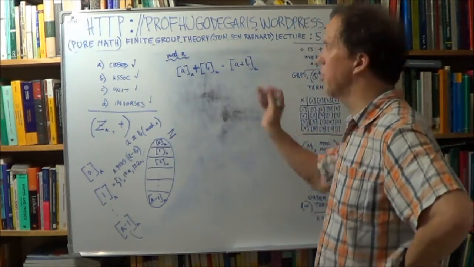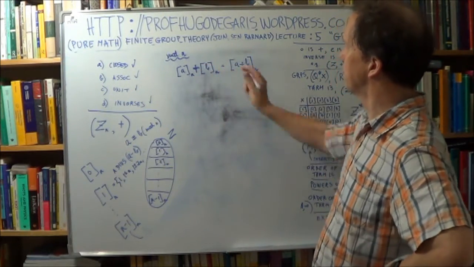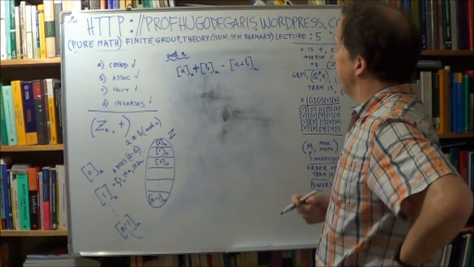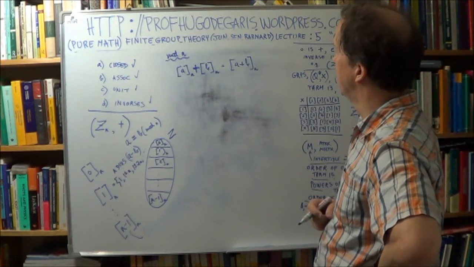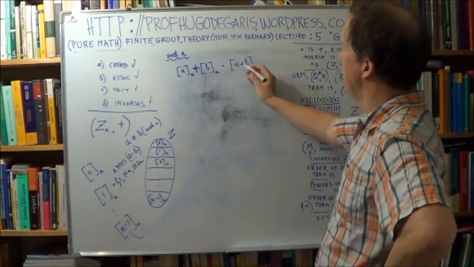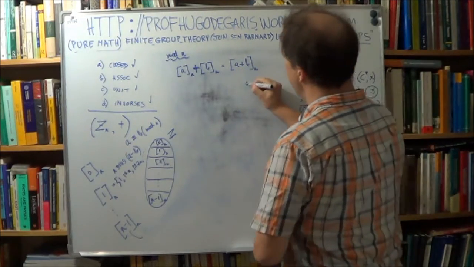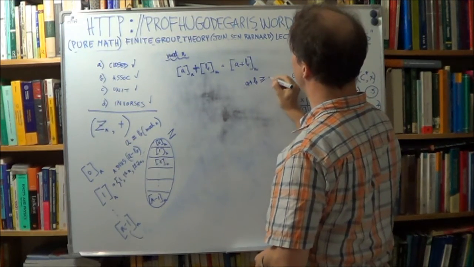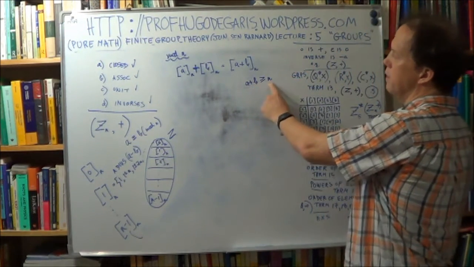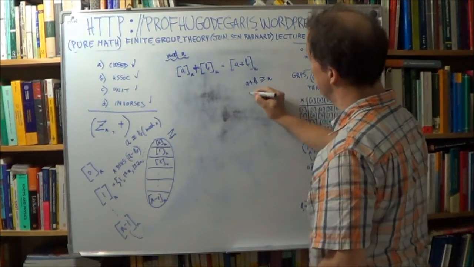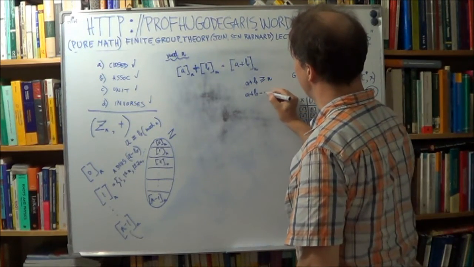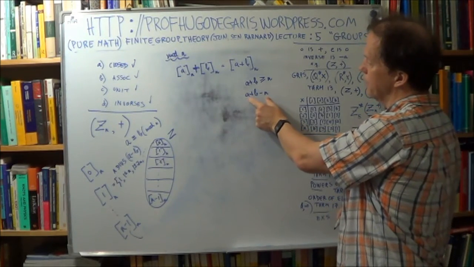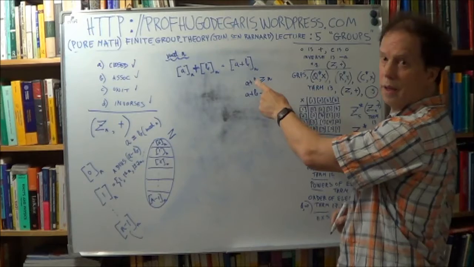If you're a bit scratchy on that, go back to the previous lecture and look at that proof. Now, if a plus b is greater than or equal to n, then just subtract n from this. That would give you a number that's less than n.